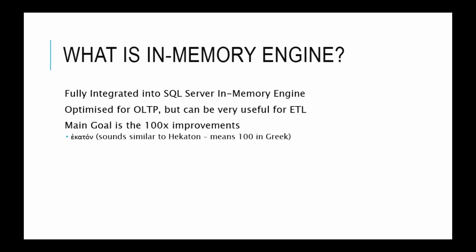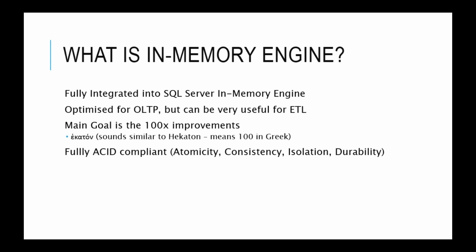So the main goal of this sub-engine of the SQL Server is to get 100-time improvements. I mean, if they get more than 100 times, I don't think somebody will be unhappy, but the idea was they took the word Hekaton from the Greek, which means 100 in Greek, meaning to make it 100 times faster.